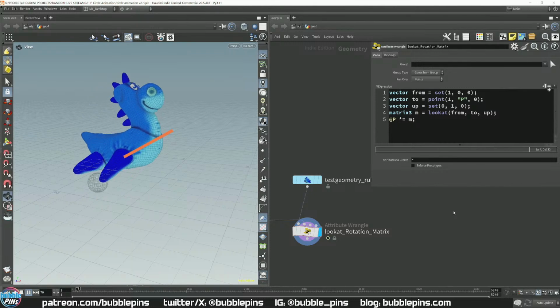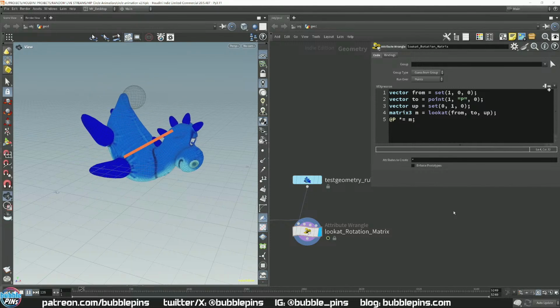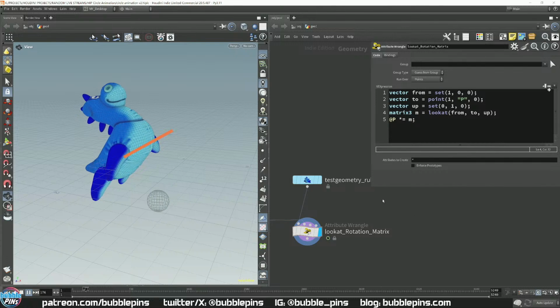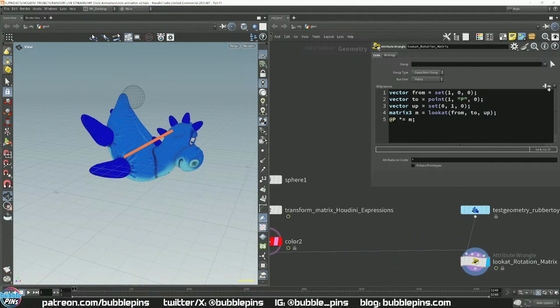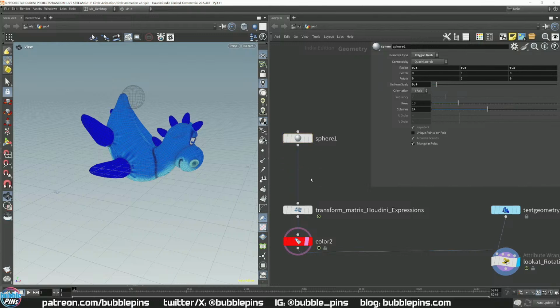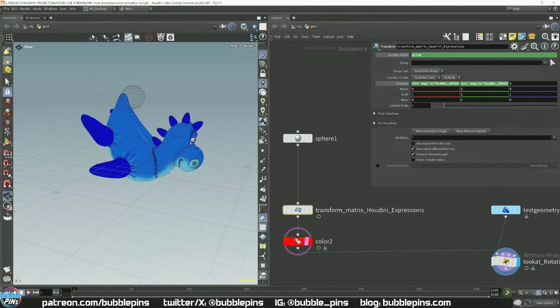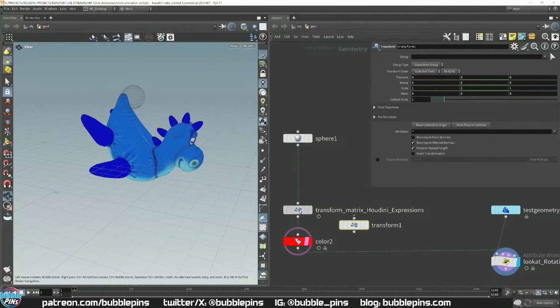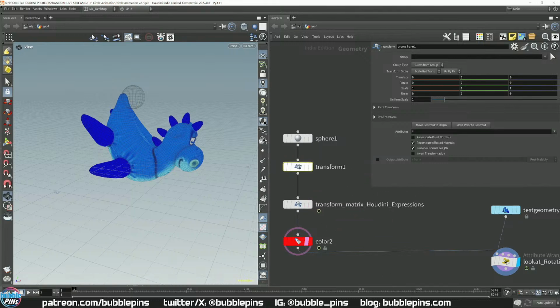Now, what I want to point out is that this doesn't help much. What really does help is if we take this sphere, because right now this sphere is rotating on the origin. So it's pivoting over here. Now what happens if we take this and we just move it higher? Okay, I'm just gonna put it in here.